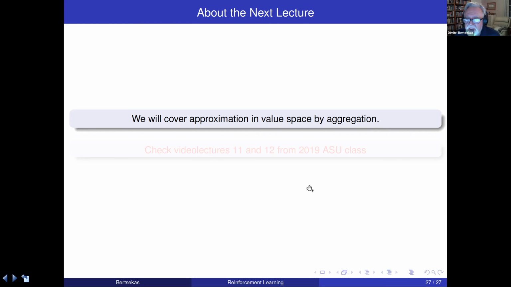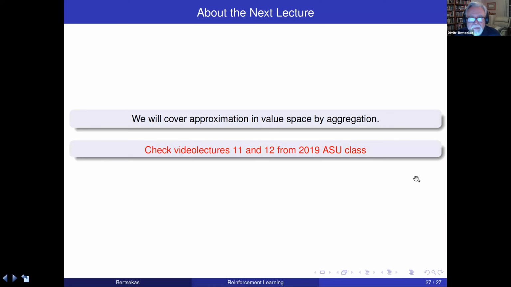This is a method that's kind of different than the rollout type of methods and approximation using parametric architectures that we have seen. It has some interesting advantages, and we are going to cover that in the next lecture.